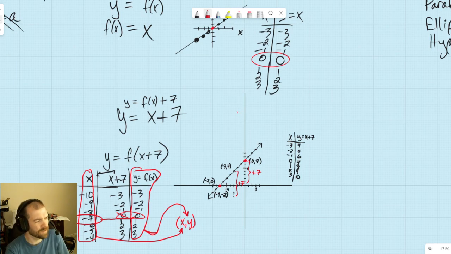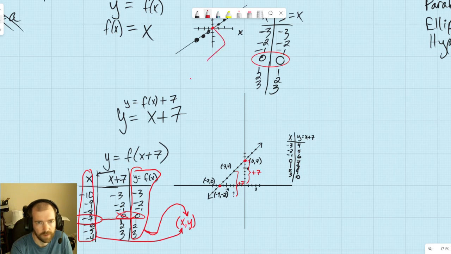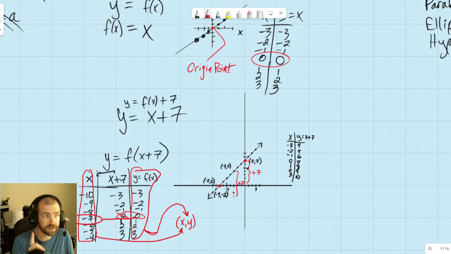I should have brought that up first. I'm focusing on our point 0, 0 from the original parent function and calling that the origin point, naturally, because it's sitting on the origin in the parent function graph. The origin point is always 0, 0 in all parent function graphs, even if the function does not go through it. We can talk about that.